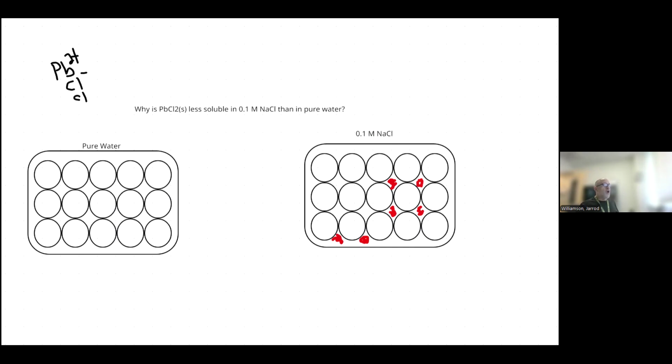So when we put it in water, the solid is going to form an equilibrium with lead 2 plus plus 2 chloride ions.